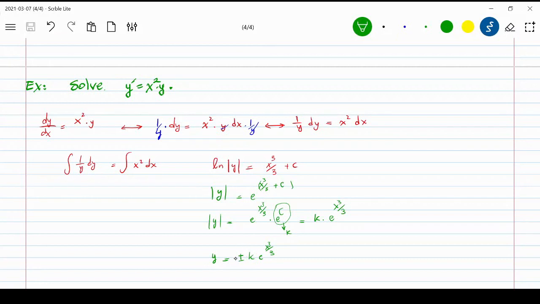When you do the plus or minus, it should satisfy this equation. So you have this family of solutions as your solution to the separable differential equation, y prime equal to x squared times y. As a test, just make sure that you check your solutions by replacing them back into the equation to see if it works.